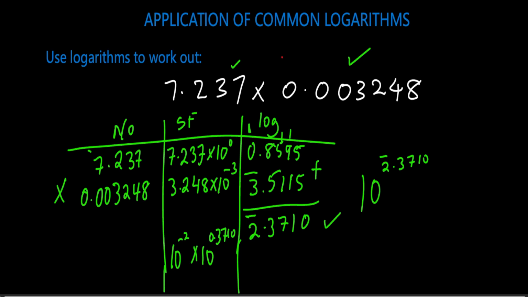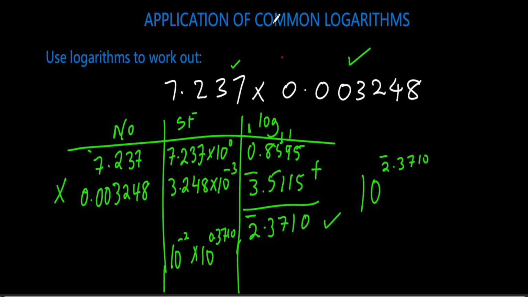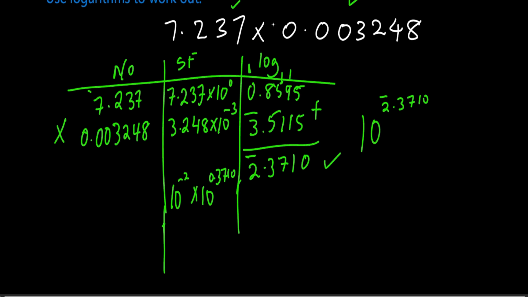So this is going to be 2.351 multiplied by 10 to the power of negative 2, which at the end of the day is 0.0235. And that is the answer.